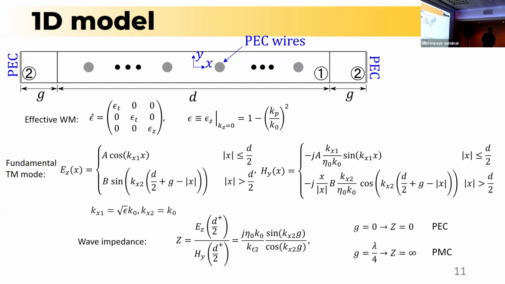And with this condition of lambda over 4, we achieve an impedance that tends to infinity, which creates a perfect magnetic conductor boundary condition. So we have a perfect magnetic conductor boundary condition in this interface between 1 and 2. Our electric field will be unaffected, and it will allow us to get the uniform field that we are looking for.